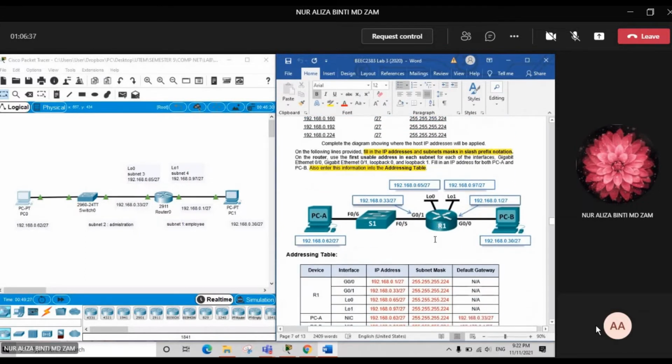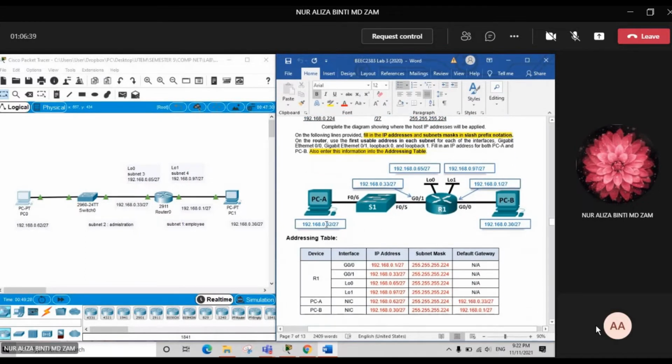255.255.255.224. Okay, for this part, we have to input the IP addresses. For PCA it is 192.168.0.92/27. And for the router G0/1, 192.168.0.33/27, and loopback 0, 192.168.0.65/27.